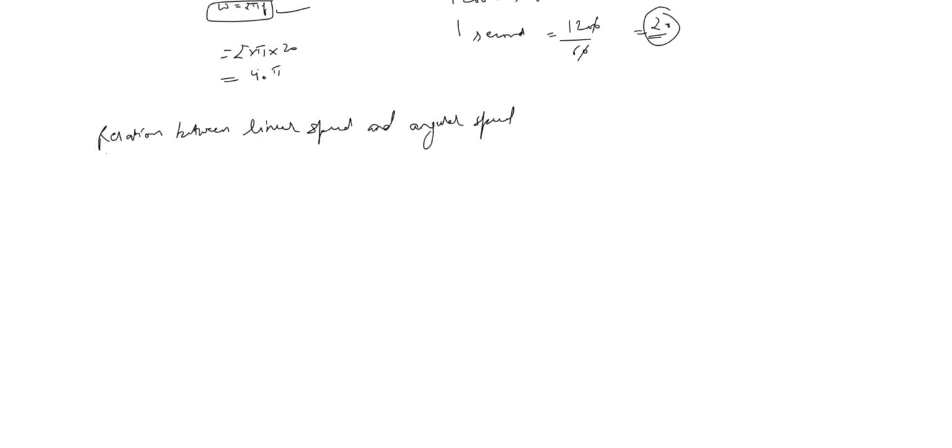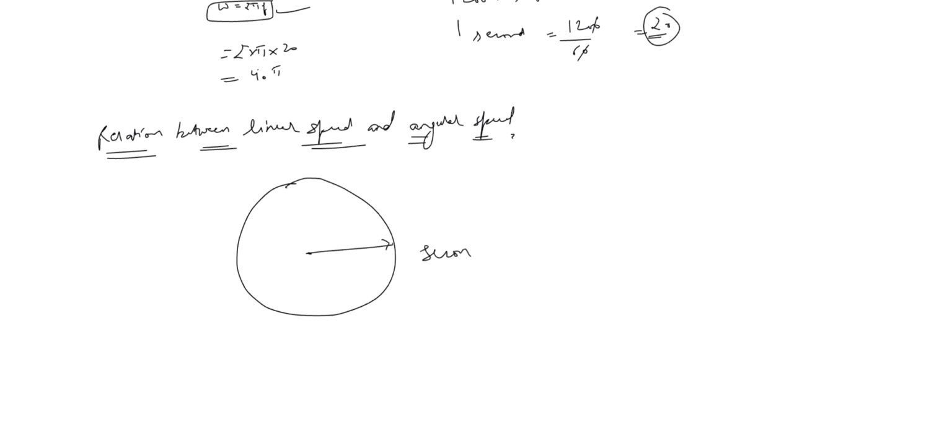So if I consider the minute hand only or second hand, let's say this is a clock and this is the second hand of a clock. Now, if I consider different positions on this, let's say this is particle A, this is particle B, and this is particle C. We know that if this is a second hand, after 60 seconds it will again reach the same point.